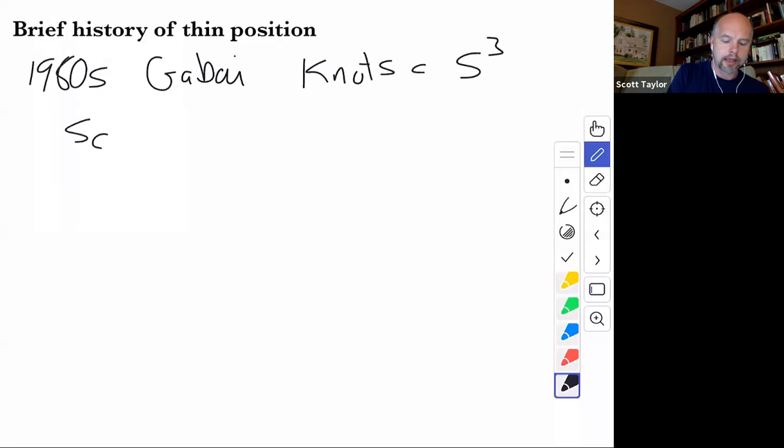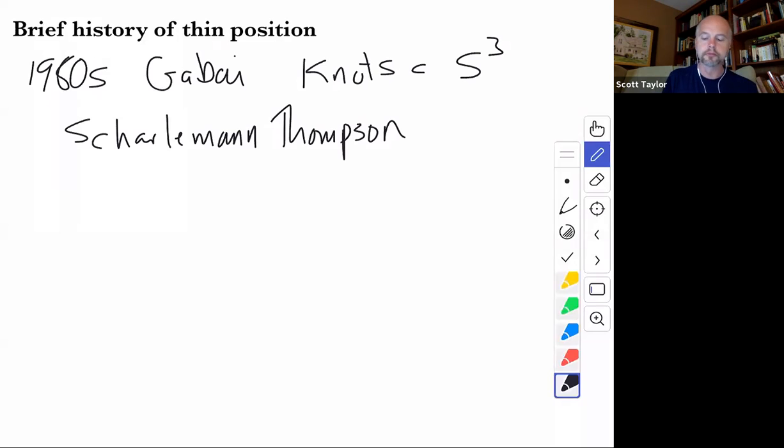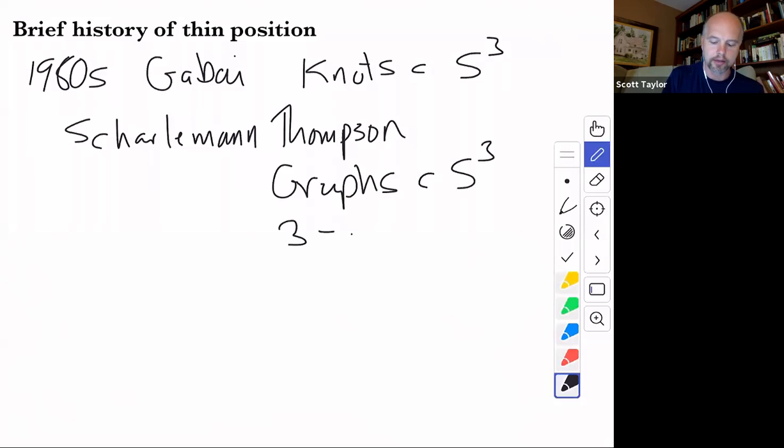Scharlemann and Thompson then extended this to apply to spatial graphs in S3, and also in a completely different direction to handle structures on 3 manifolds.